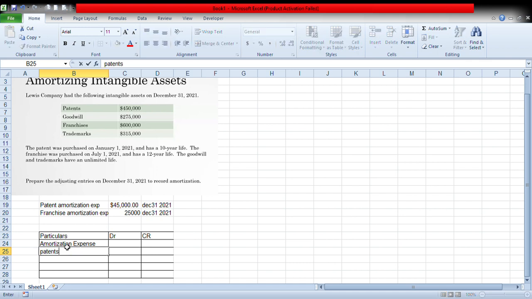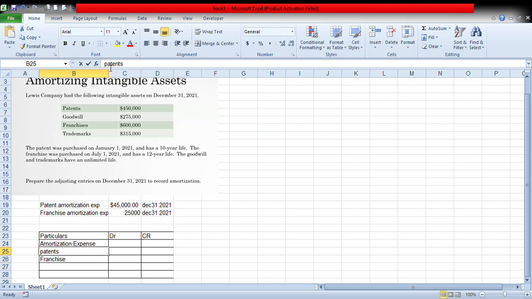We don't need to write allowance for amortization. Normally in depreciation, what do we do? Depreciation expense debit, accumulated depreciation credit, or in other words, we just credit the asset. But here it's compulsory that we don't use accumulated amortization. Just amortization expense debit, credit patents and franchise.